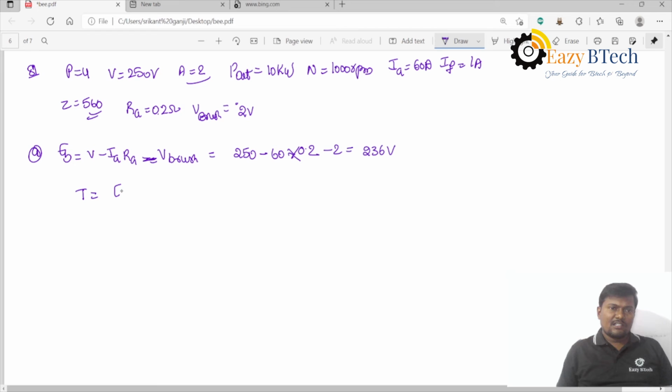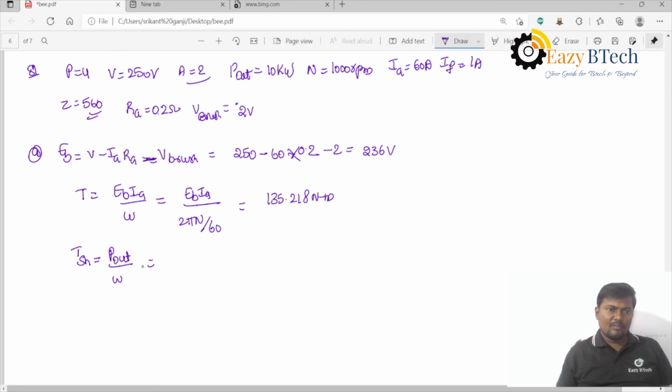The torque developed by the motor is EB into IA divided by omega, that is EB into IA divided by 2 pi N by 60, which should be equal to 135.218 Newton meter. Shaft torque is equal to power output divided by omega, 10 into 10 to the power of 3 divided by 2 pi into 1000 by 60, that is 95.493 Newton meter.